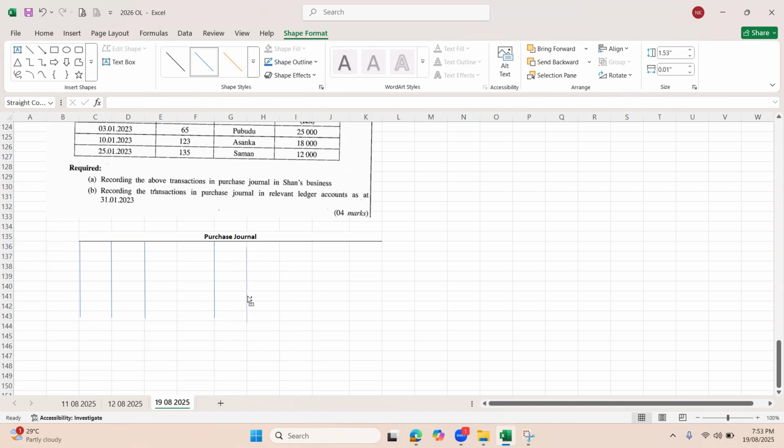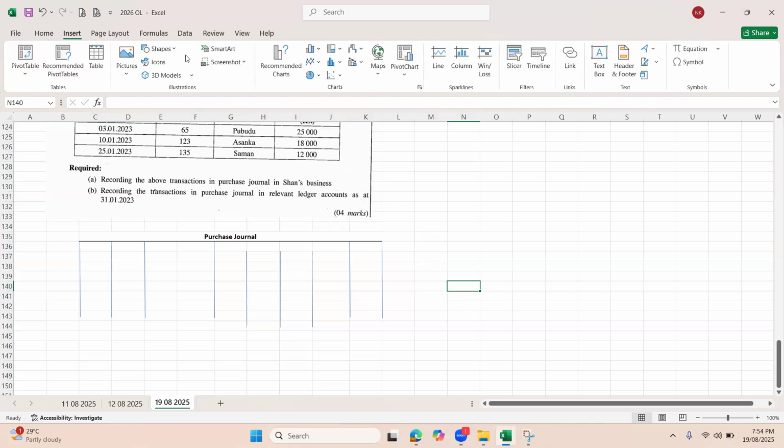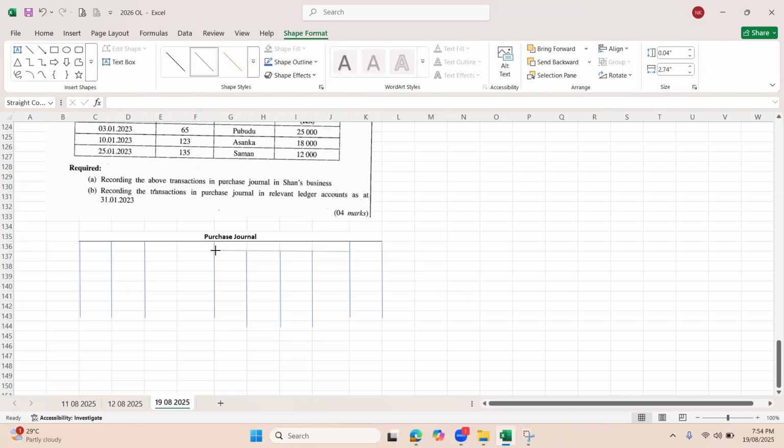Then description of the goods, item, quantity, price, value, and the total value. This is the general format of the purchase journal. Not hard.